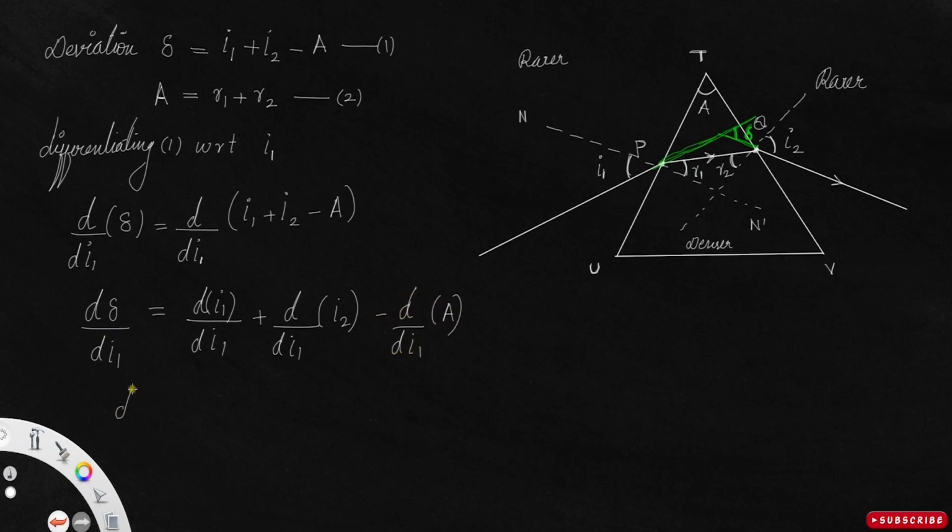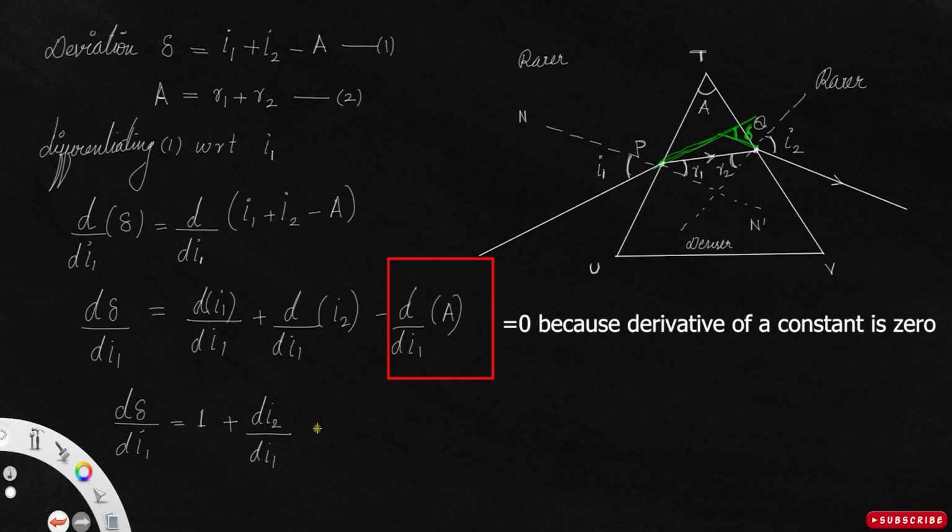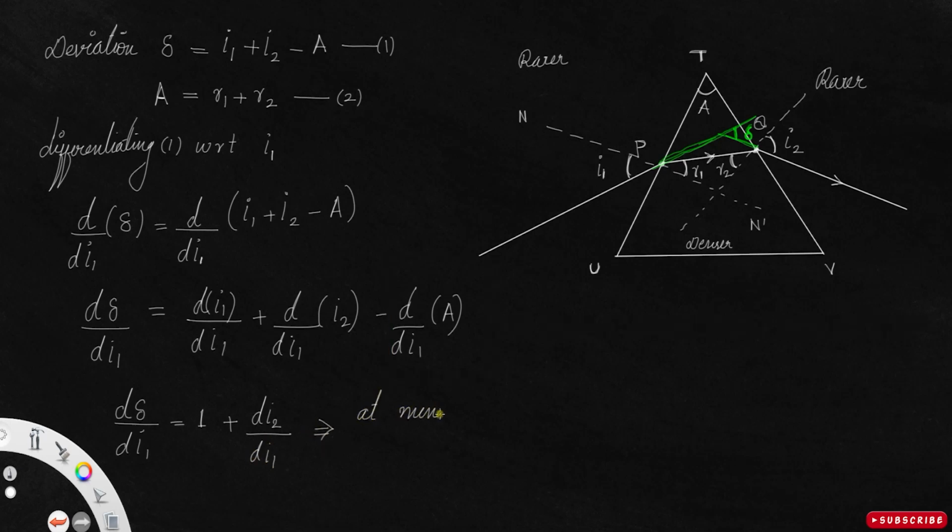Okay, so this will be d delta by dI1 is equal to, this becomes 1 plus dI2 by dI1. Clear? And at minimum deviation, by the rules of derivatives, d delta by dI1 must be equal to 0. Clear?